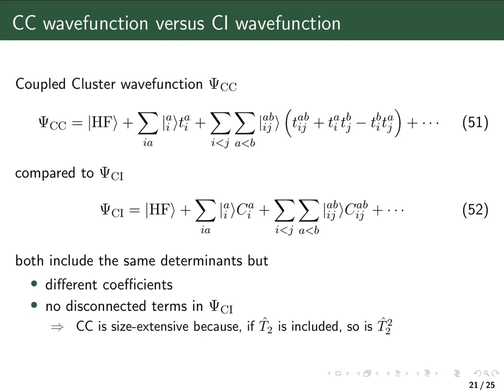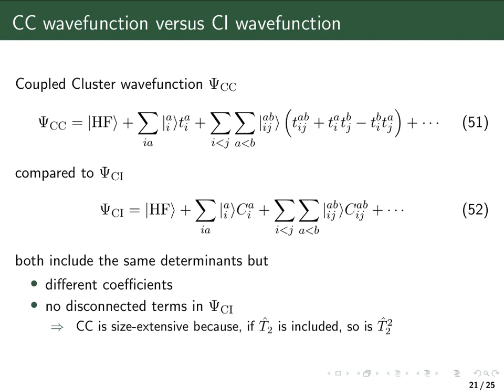And obviously the energy of the dimer, if the dimer is not interacting, should be exactly twice the energy of the monomer. But if one does this calculation with the configuration interaction singles doubles wave function, this is not the case. Which means that the configuration interaction singles doubles wave function does not scale correctly with the size of the system. One says it is not size extensive.